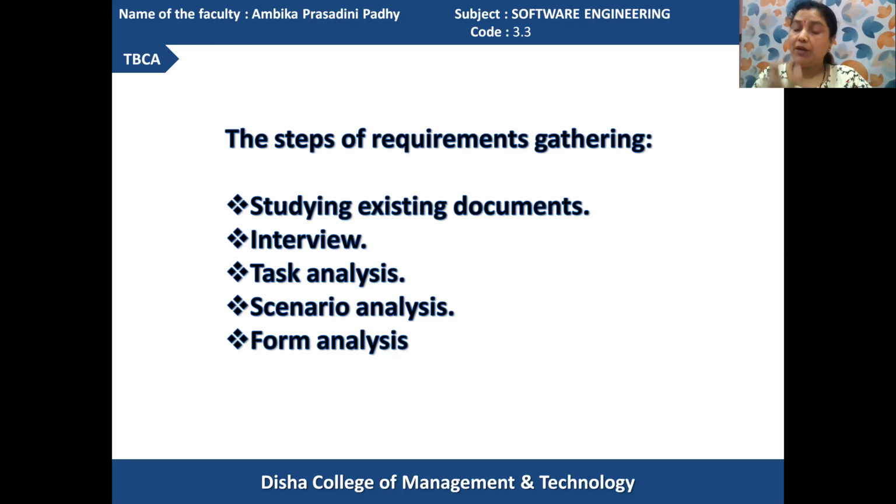So regarding the library automation system, we have to check the existing ledgers in which the book details are there, purchase details are there, the issue register is there, the return register is there. Whenever somebody issues a book, he must return it.